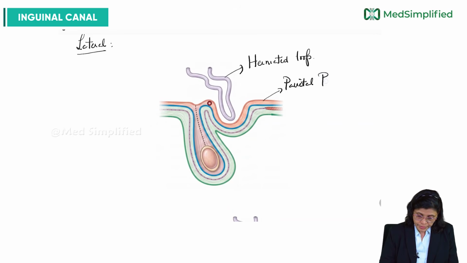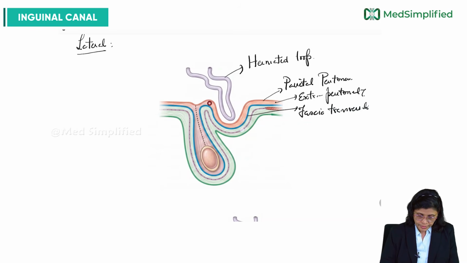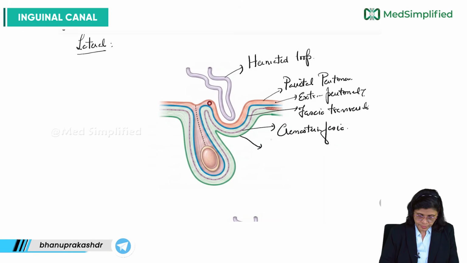So this parietal peritoneum, then we have the extraperitoneal tissue, then the fascia transversalis, then we see the cremasteric fascia, and we see the external spermatic fascia.